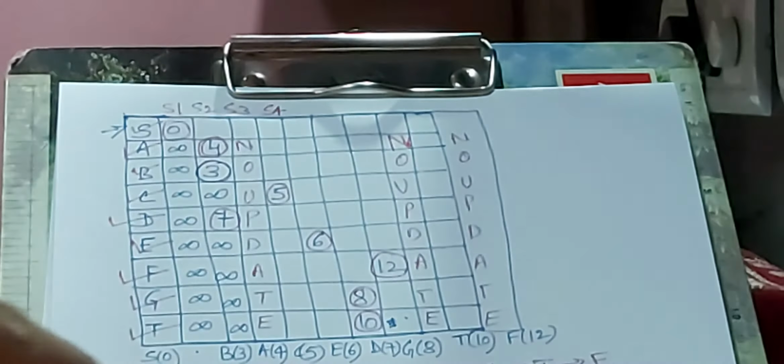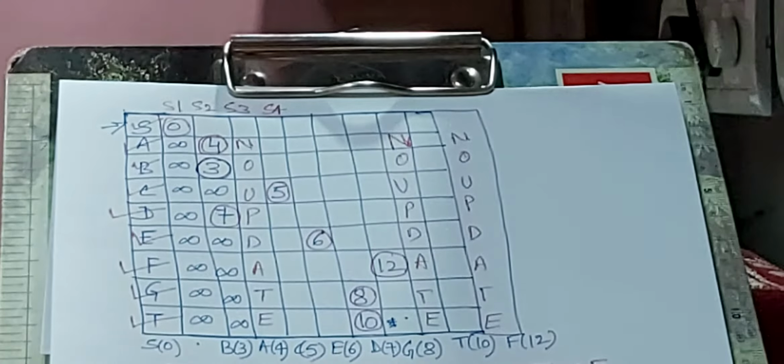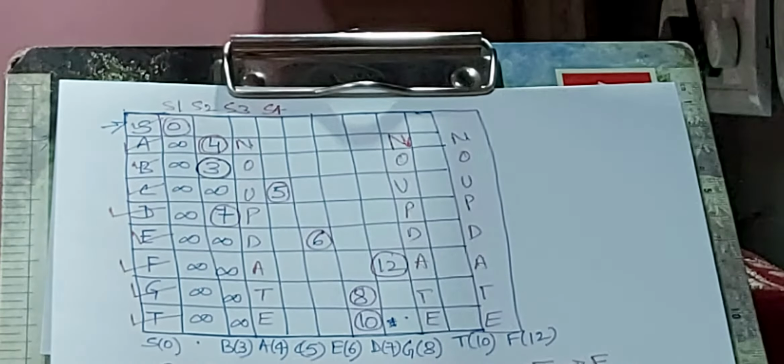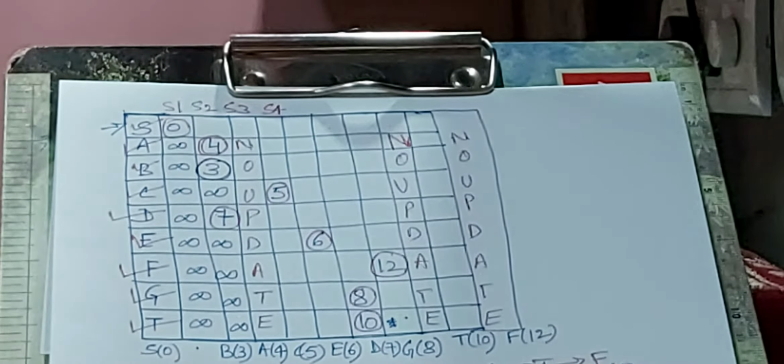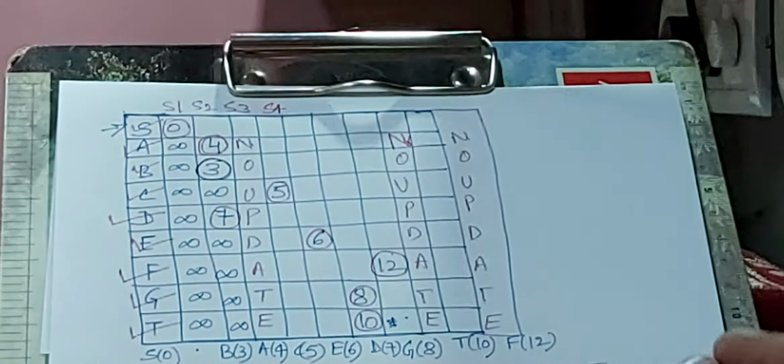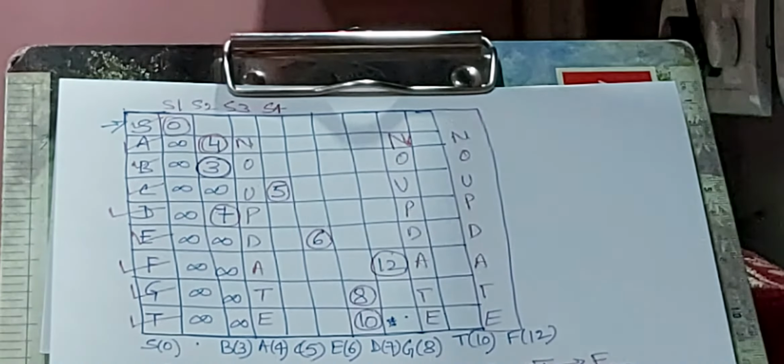Likewise, the minimum costs are mentioned over here. And the total cost that we have reached is 55. That is the minimum cost for passing the packet from S to T.